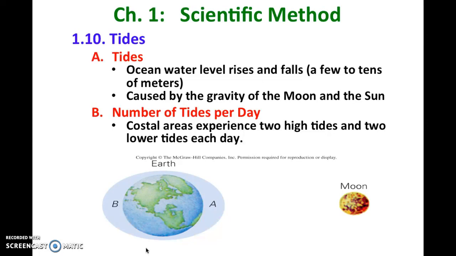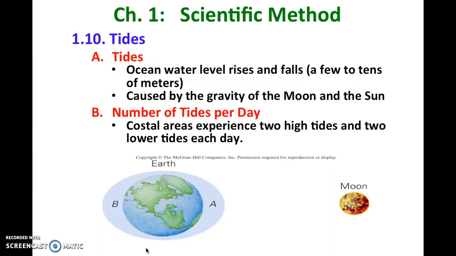Another effect of gravity is tide. What is tide? Tides are phenomena in which ocean water rises and falls, usually a few to tens of meters. Tides are caused by the gravity of the moon and the sun.